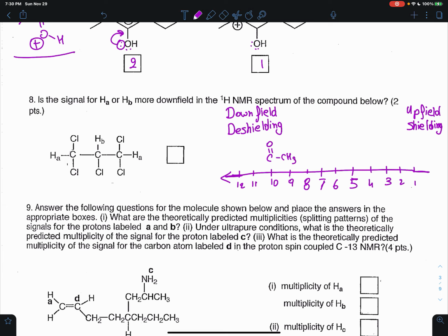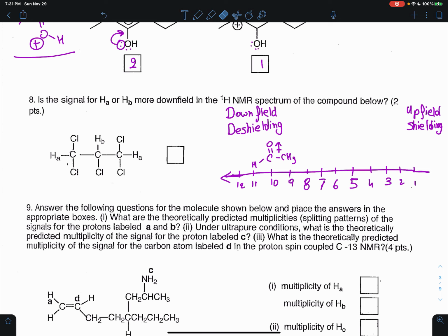That causes the deshielding, so the electron density is being pulled away. I'm not saying that this structure is about 10; I'm just giving an example. This is why a hydrogen can be deshielded: the electron density is pulled away.